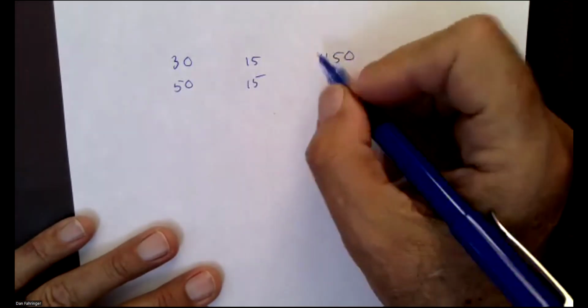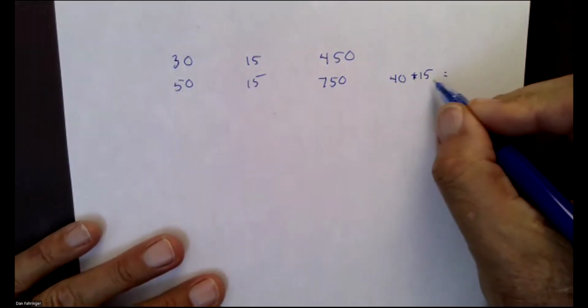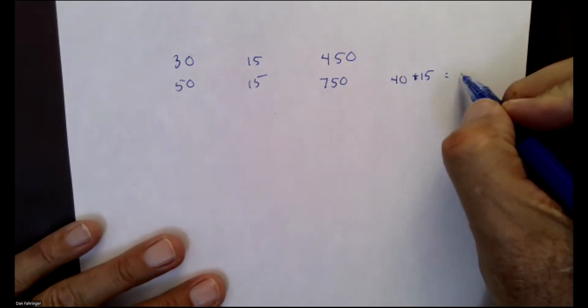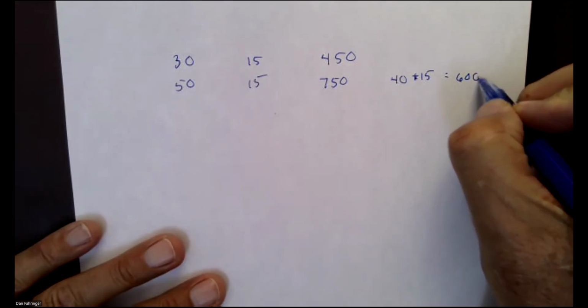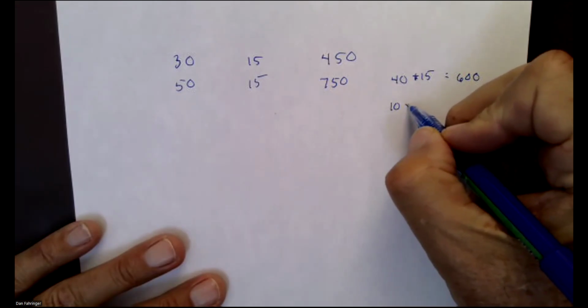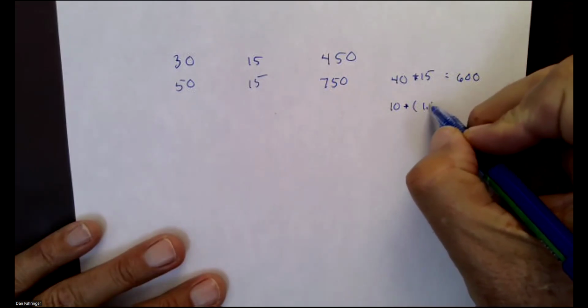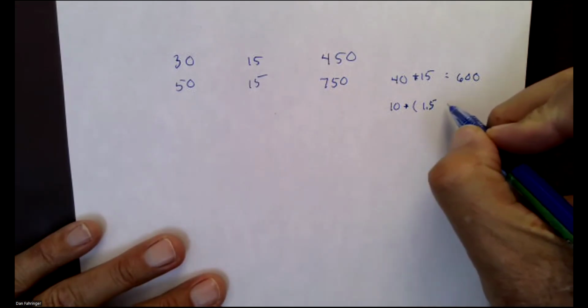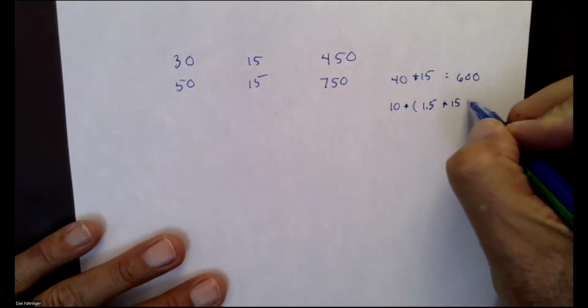Agreed? Oh, Jumai says 750. Does anybody agree with that? So this is going to be how much? 40 times 15. 600. And then I have 10 hours of overtime. 10 times the 15 or 1.5 times 15.